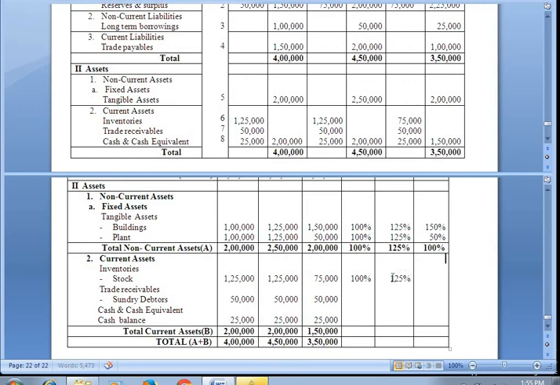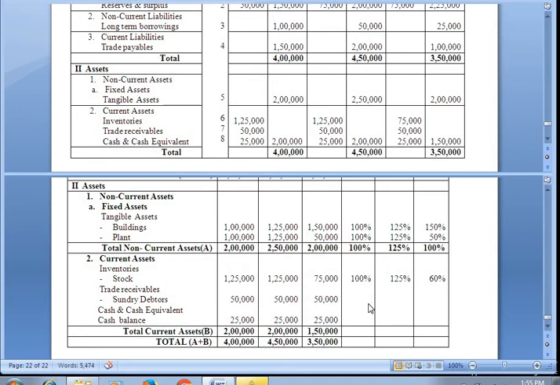Next, 75,000 divided by 1,25,000 into 100 is equal to 60%. Okay, 60% over. Next one is trade receivables.